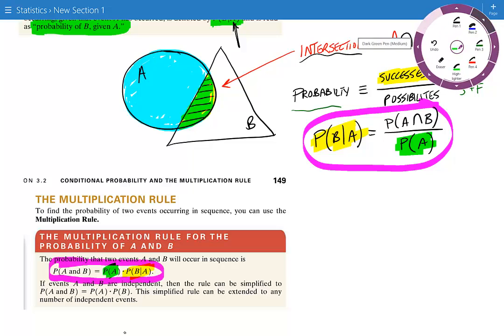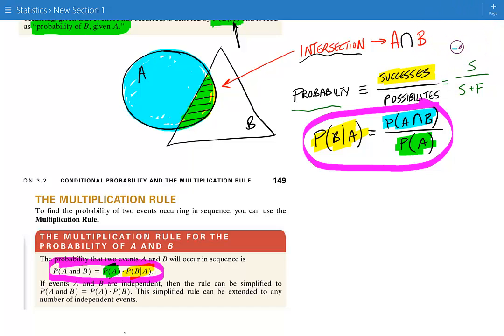And we have an intersection. And I didn't keep my colors consistent from the first diagram, but you can see the connection just symbolically that exists here. And so interesting that the way that they give this multiplication rule for the probability of A and B, which is what we mean by an intersection.